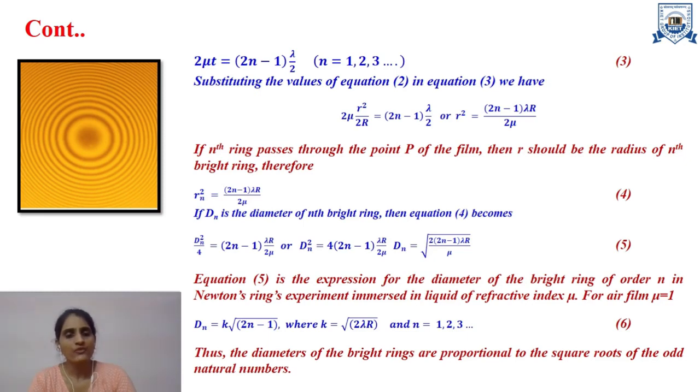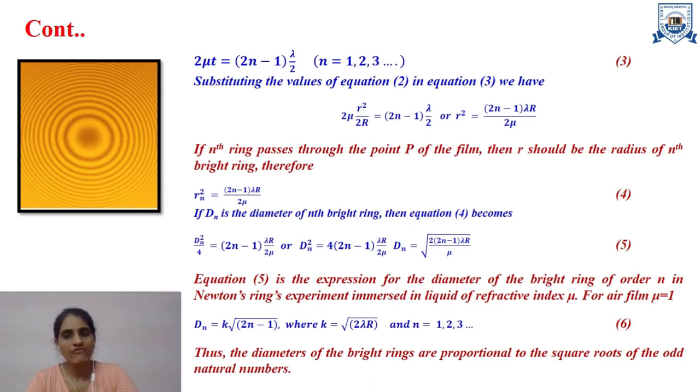So equation 5 is the expression for the diameter of the bright ring of order n in Newton's ring experiment immersed in liquid of refractive index mu. But in our experiment, we have not introduced any liquid in between the plano-convex lens and glass plate. So the film is formed of air. So for air, the refractive index mu is 1.